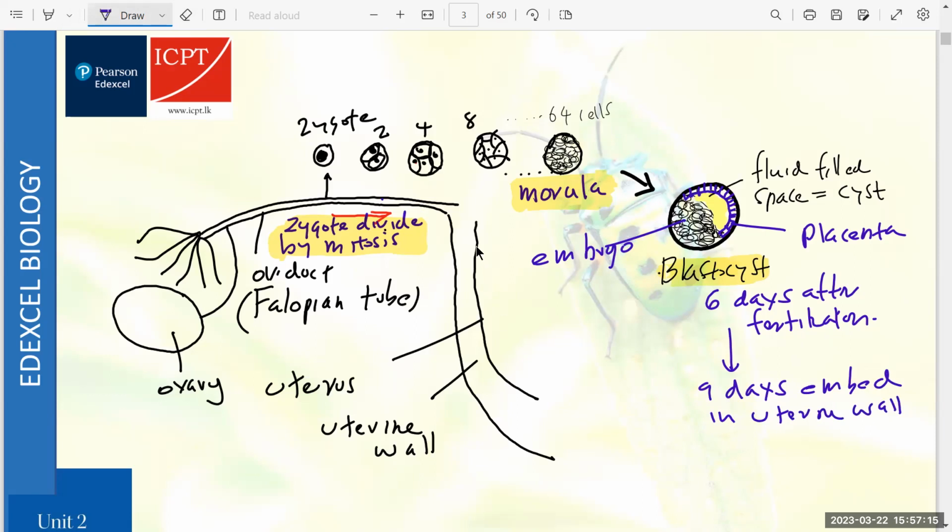That means when it comes to this place, it just attaches to the uterine wall, and then starts to grow as an embryo. That is called implantation.